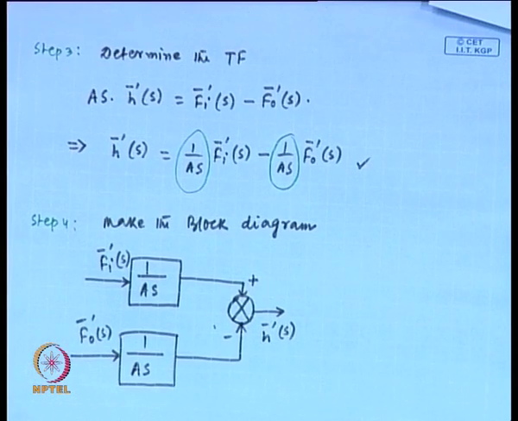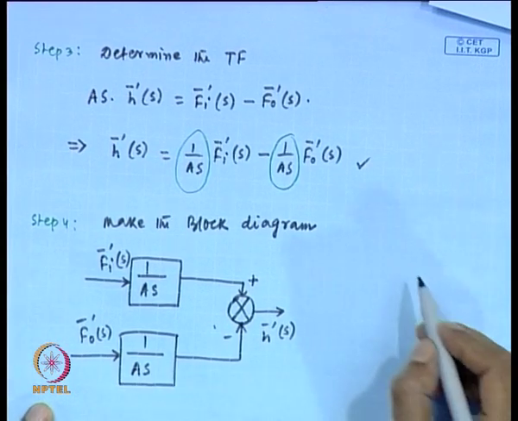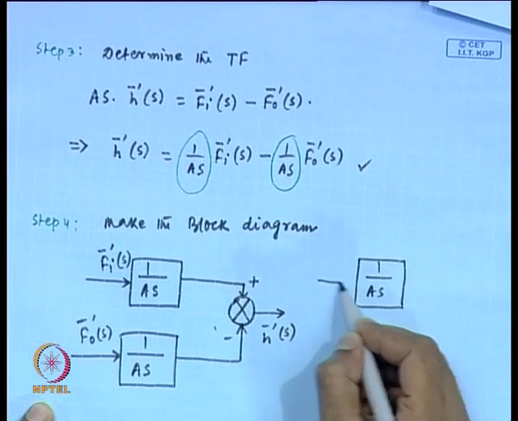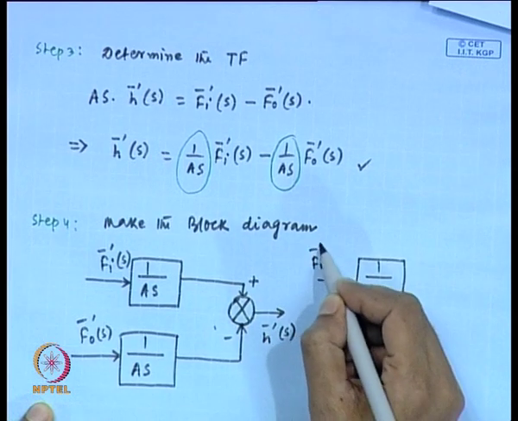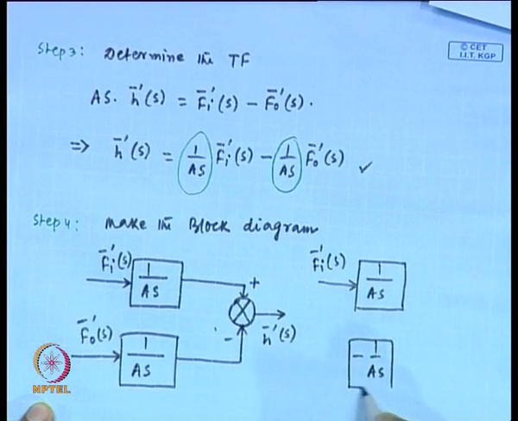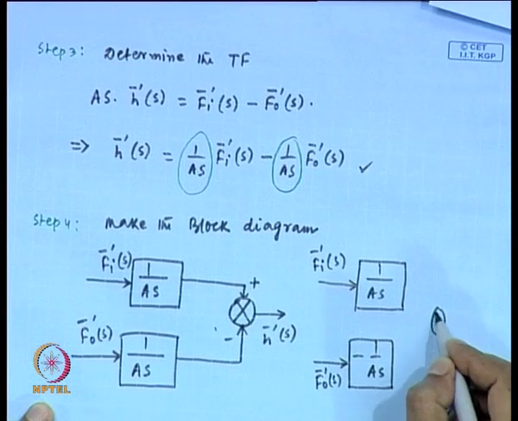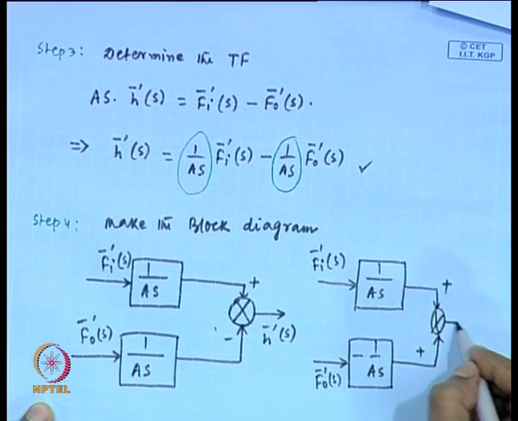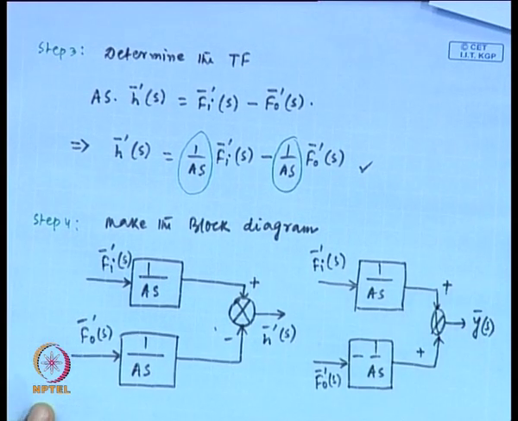Or you can do one thing, if you want to consider minus 1 by A s as the transfer function, then we can get this block diagram: f_I bar prime(s) and another transfer function is minus 1 by A s with f_0 bar prime(s). We are adding both of these outputs and we can get y bar(s). Fine. This block diagram also we can get.